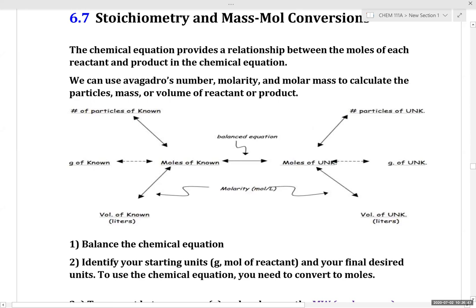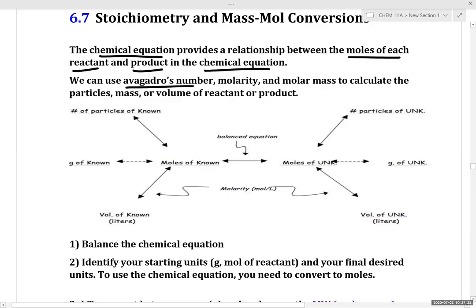So remember how I showed you this chart to go from moles to particles, grams? Well, I've now added all of the components that we've learned from chapters 3, 4, 5, and 6 together to make this nice little conversion chart to help you organize your thoughts and procedurally go through unit conversions. Fundamentally, the chemical equation provides a relationship between the moles of each reactant and product.